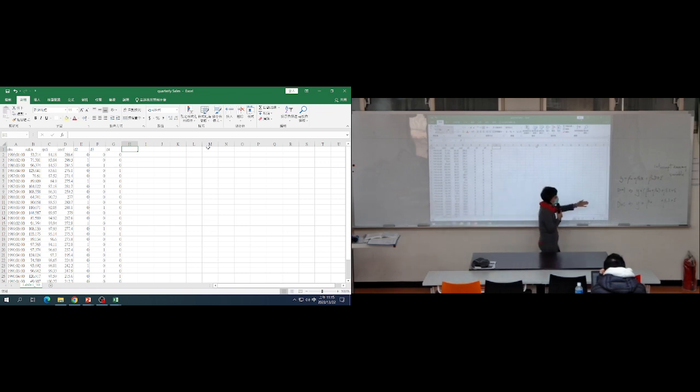The one we had before was 1 dummy variable, before recession and after recession. Now it turns out to be quarterly data, so I need 3 dummy variables to identify the different seasons.